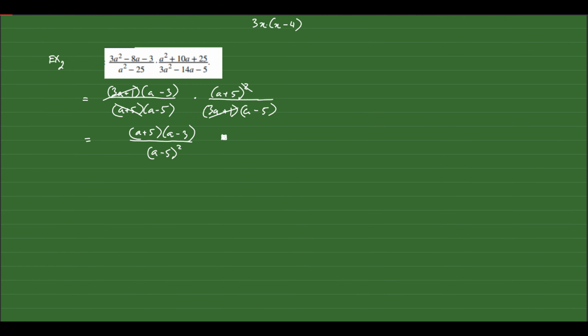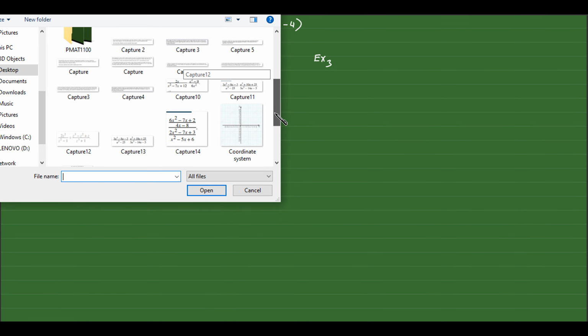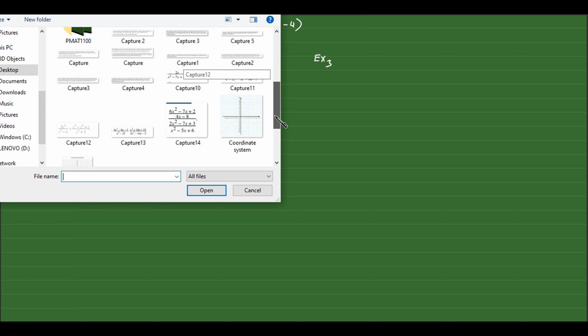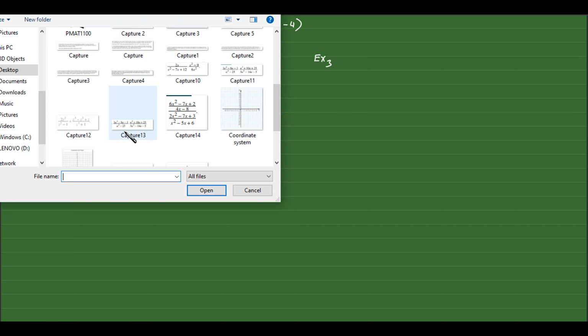Let's do another one. I think I have enough space to do it over here. Example number 3. Let's see. I think this one. Oh, this is the same. Yeah, I don't know why I got 2 of them the same. I should have a different one.